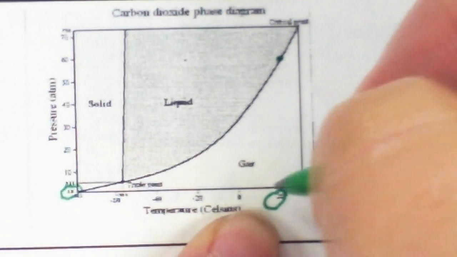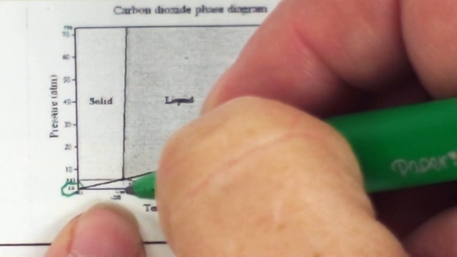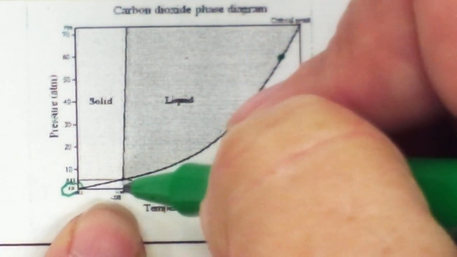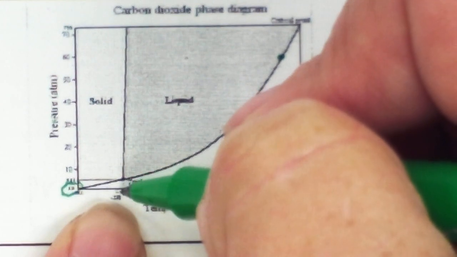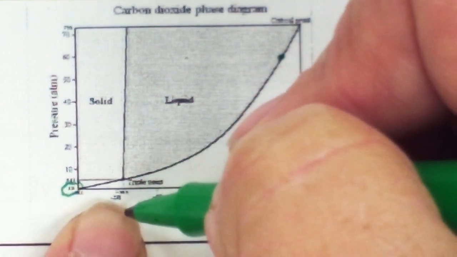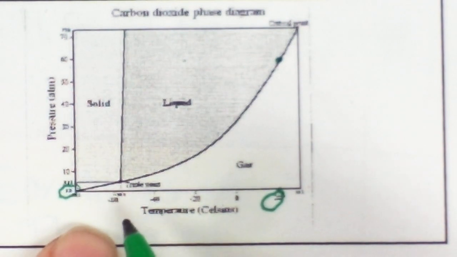So you would have to go all the way down to about negative 56 or negative 60 degrees Celsius in order to get carbon dioxide to be liquid at a reasonable pressure, which would be 10 ATM.